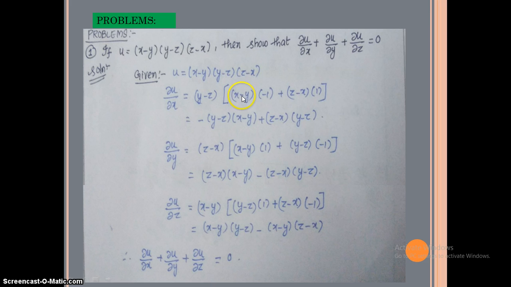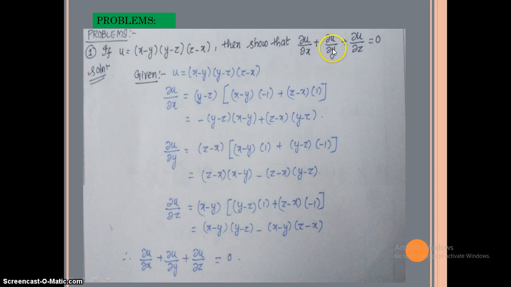So x minus y we keep as it is, then the differentiation of z minus x is 0 minus 1. Then plus, we keep z minus x as it is, and the differentiation of x minus y is 1 minus 0 with respect to x. Therefore we simplify this and get minus into y minus z into x minus y, plus z minus x into y minus z. So this is the first equation.